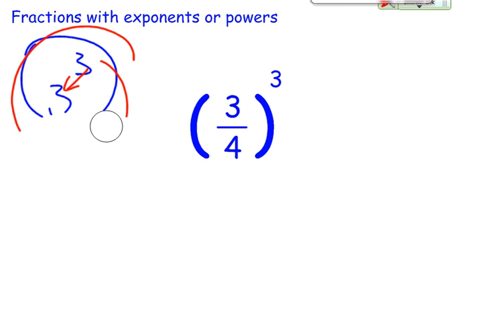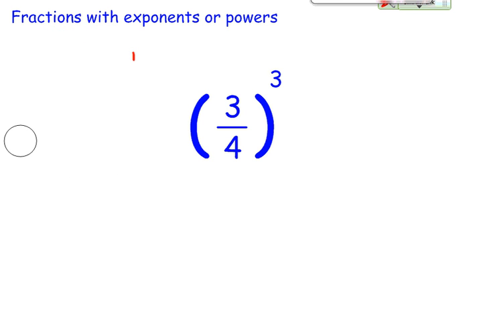However, as we look at the problem on the right in the middle here, we see that these parentheses sit here and the power is on the outside, which means that this power applies to the entire number inside those parentheses.